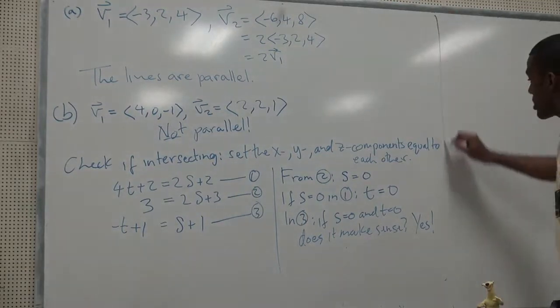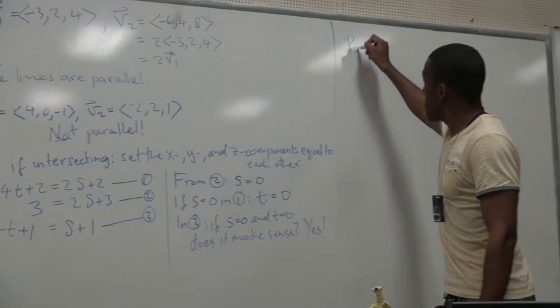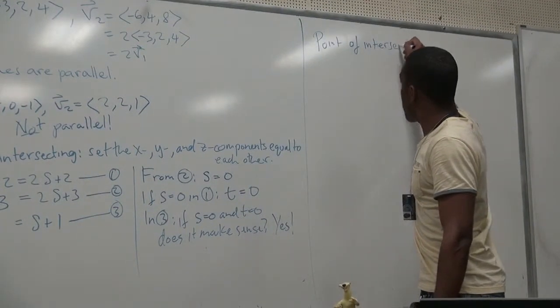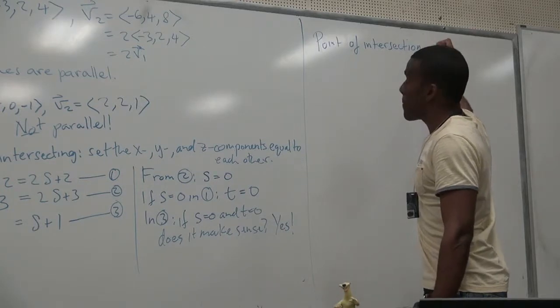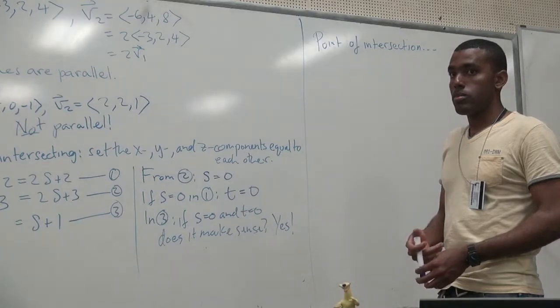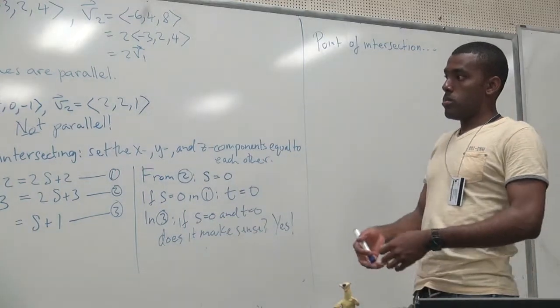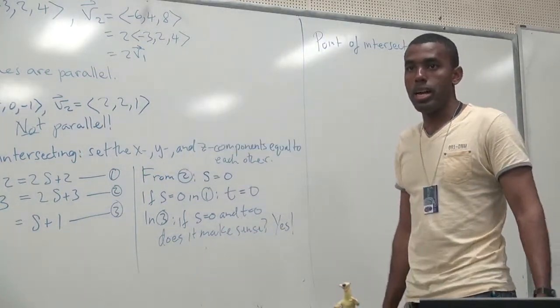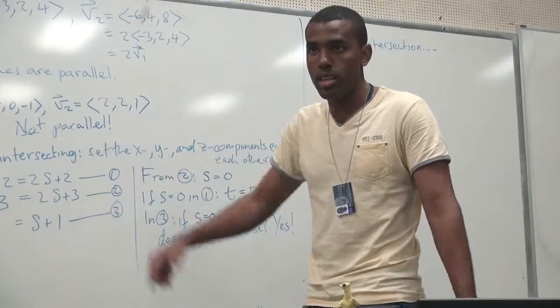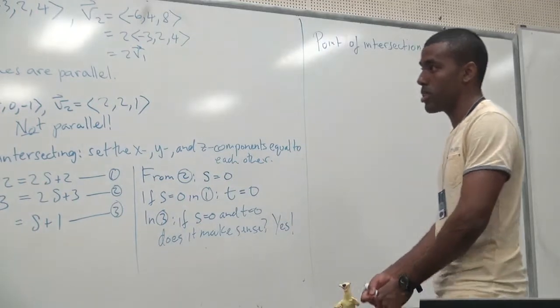Can you find the point? t equals 0 and s equals 0 at the intersection. We just plug that into either one of those lines, right? Plug in t equals 0 into the first line or s equals 0 into the second line. You should get the same point.